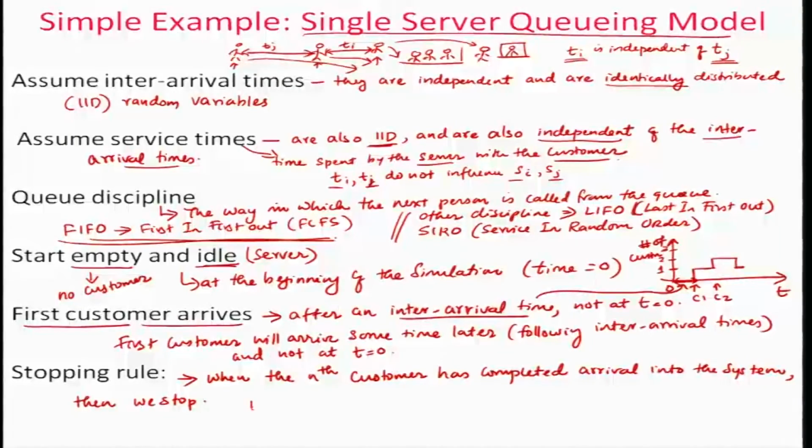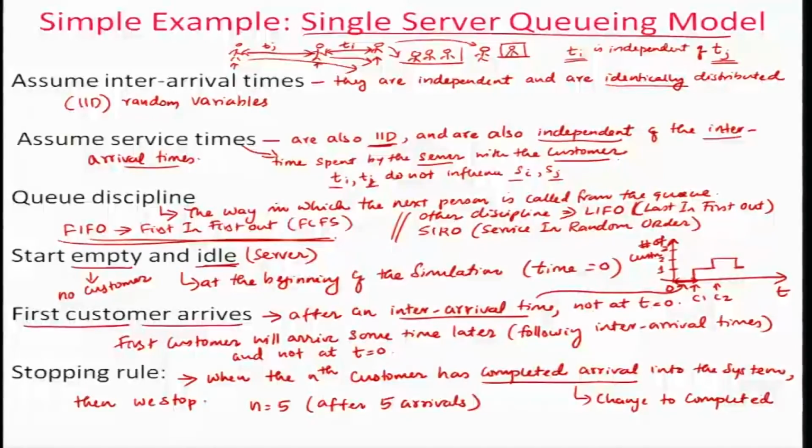If you say n is equal to 5, it means after 5 arrivals. You can change this condition: instead of completed arrival, you can change it to completed service. Then that means 5 people have finished the service.